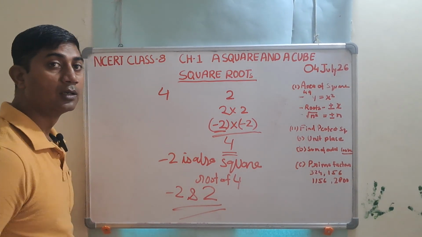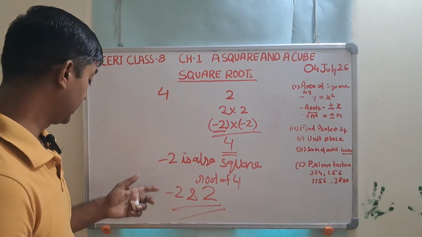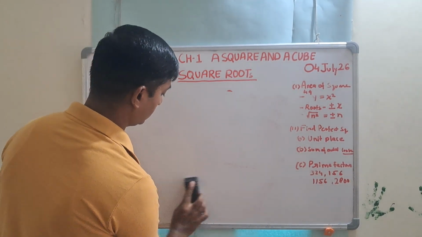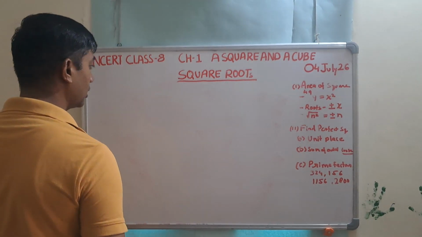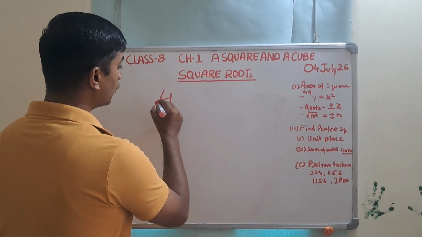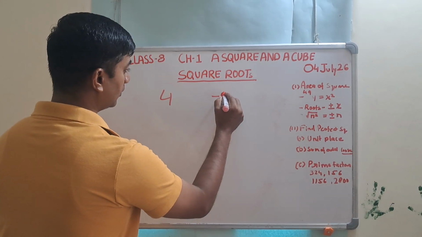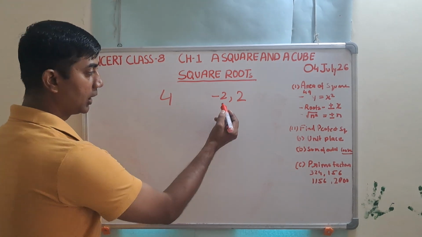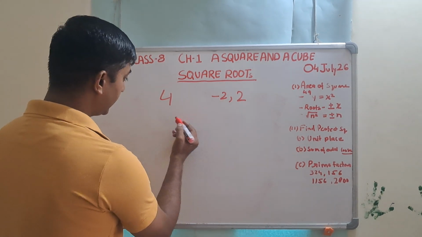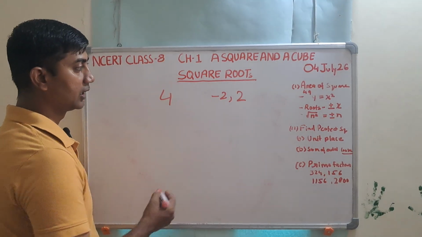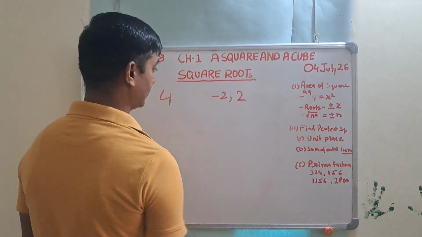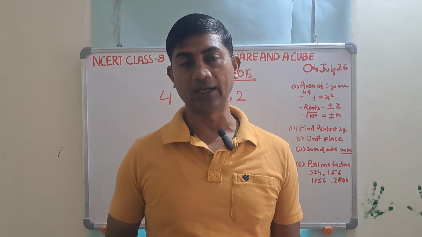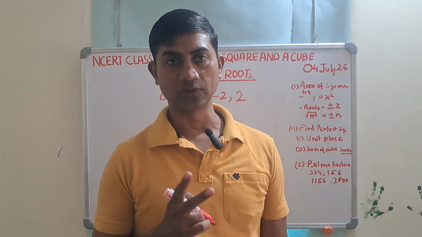What does it mean? 4 is the square of minus 2 and 2, and minus 2 and 2 are the square roots of 4. That's why we have written S here, meaning for any perfect square you have 2 square roots.